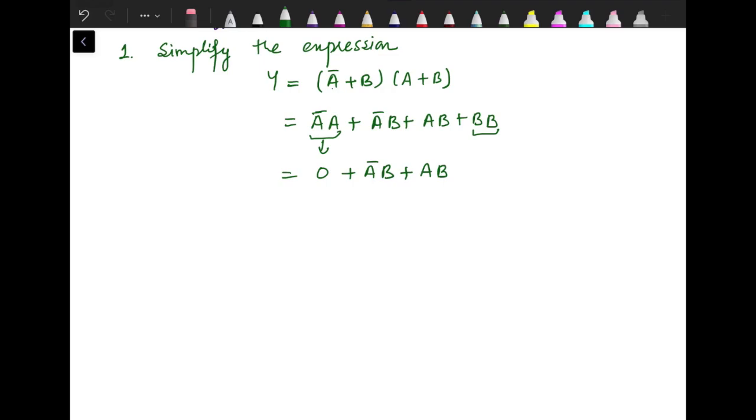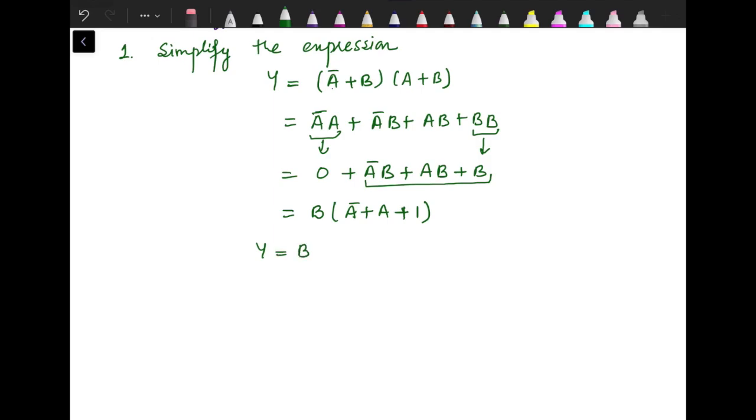Any variable having an AND operation with itself results in the same variable. From here, B is a common variable. Then we have A complement plus A plus 1. When 1 is having an OR operation with any variable, it always results in 1. So this expression is simplified to y equals B.